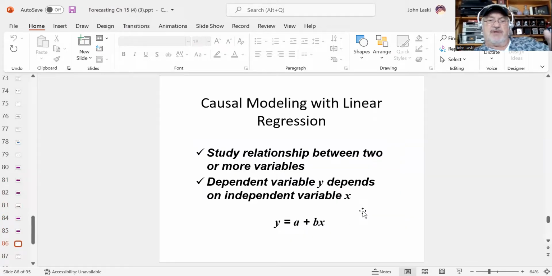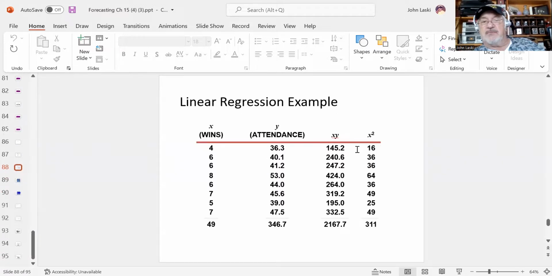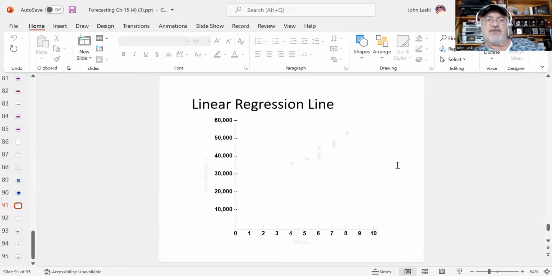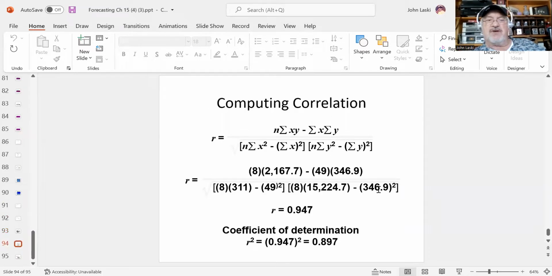And then once we play a little bit more with linear regression, same formula, we will revisit this and play with some other numbers, wins, losses is one of the textbook examples and so forth. And we end up with our regression line. And once we do that, we can look for correlation, and then this R squared, or coefficient of determination, in a sense the explanatory power of what we're looking at.